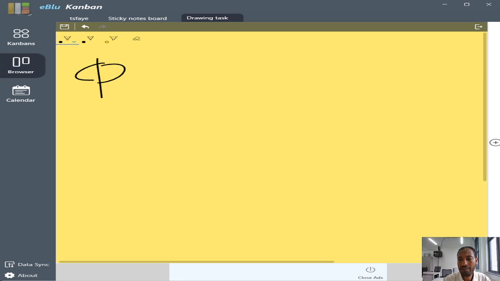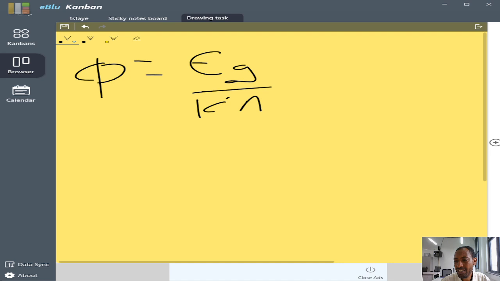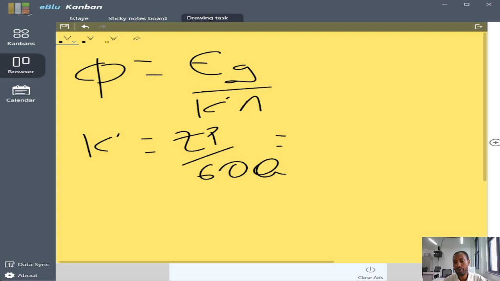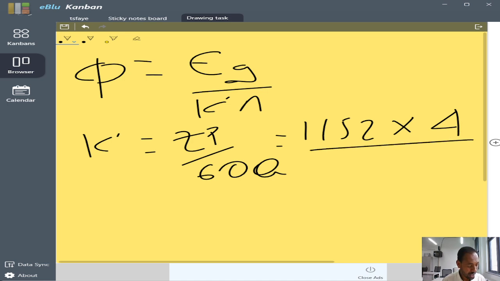So phi is Eg divided by K phi N, we say. So our K phi ZP by 60A, we know this. So my Z is 1152 times my P, how much is P? Number of poles? All 4.